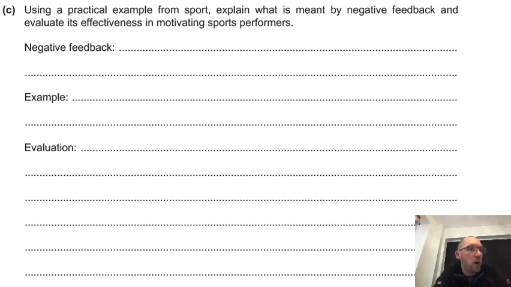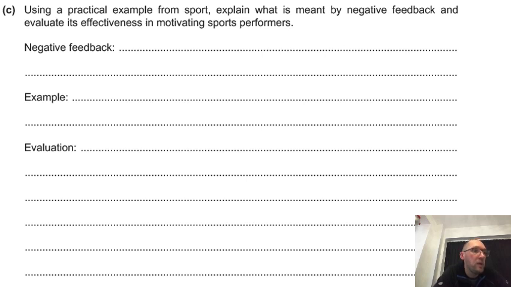What we're looking for in the mark scheme. Define negative feedback: information about unsuccessful performance, weakness, what went wrong, outcome or losing final score, critical information about performance and outcome, destructive information about performance or outcome. So pretty much you could just put the coach telling the performer that he had a terrible game. That is negative feedback.